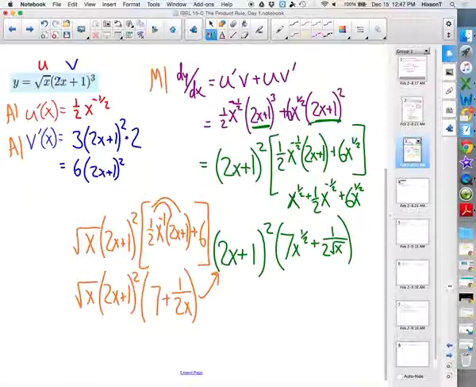Plugging everything in correctly would be 1 or 2 accuracy points, most likely, and then simplifying it, honestly, this one would probably be a show that the derivative equals this. So clear working towards the end would be another accuracy point or something like that. So just showing this can get you some points. Just writing down the product rule that you're using can get you some points as well, even if you happen to make a little mistake in the simplifying.